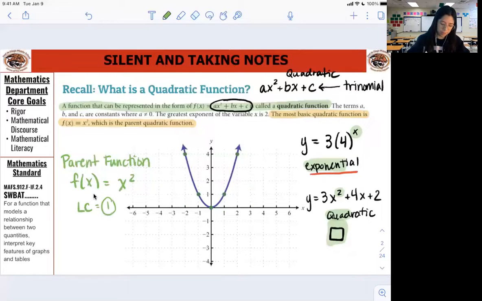What's the y-intercept? Or no, where is the vertex? I'm seeing one person in the chat, but everybody at this point should be able to tell me where is the vertex on this graph.